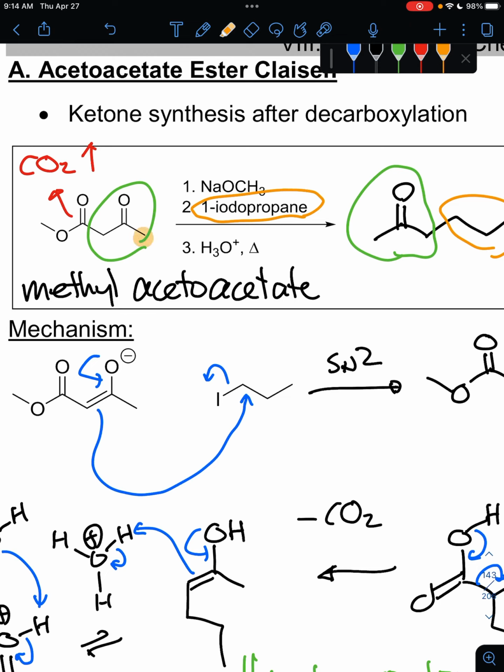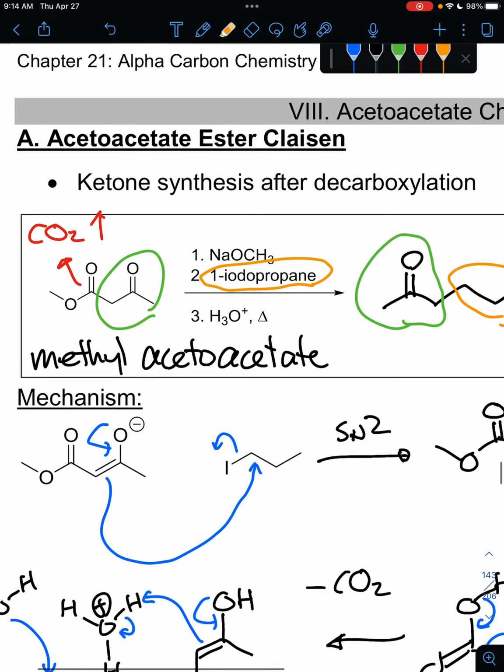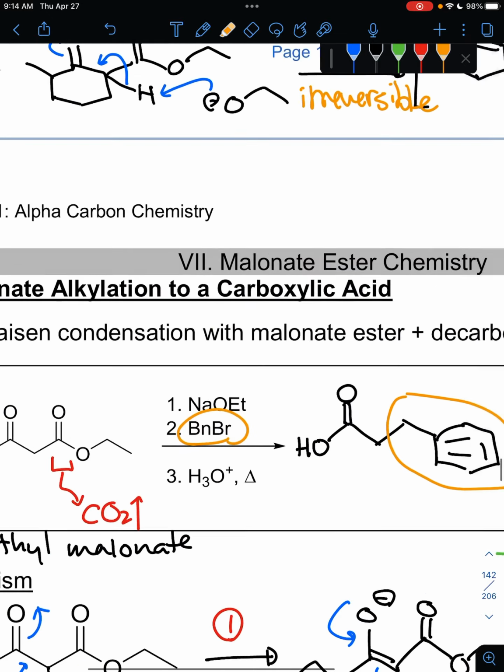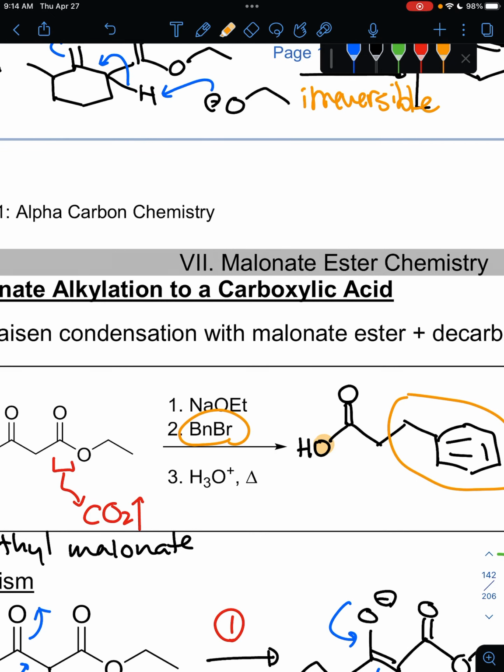Remember, in malonate chemistry there was an ester here, which would have become a carboxylic acid. In other words, this highlighted carbon would have been OH, a carboxylic acid. That's the same equivalent atom.